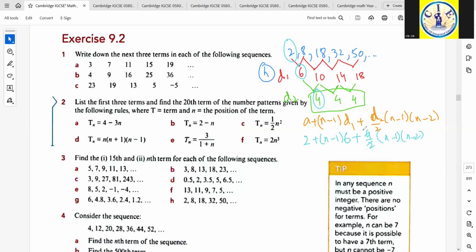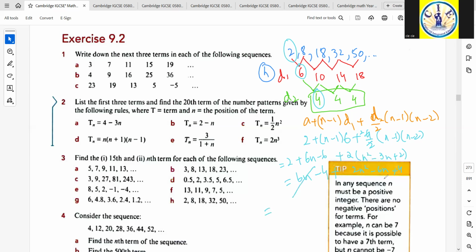We can simplify it like this: 2 plus 6n minus 6, and then 2 times (n square minus 3n plus 2), and when we multiply it by 2 you get 2n square minus 6n plus 4. Now we need to combine the like terms.